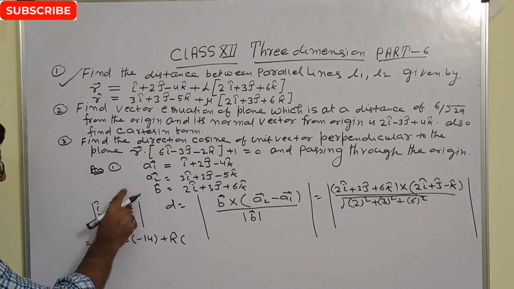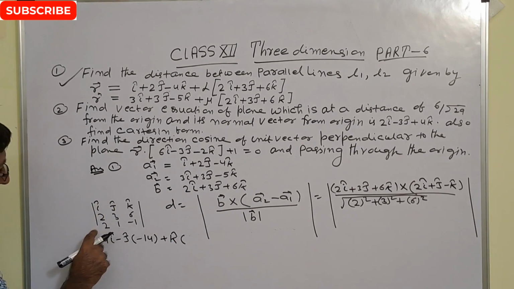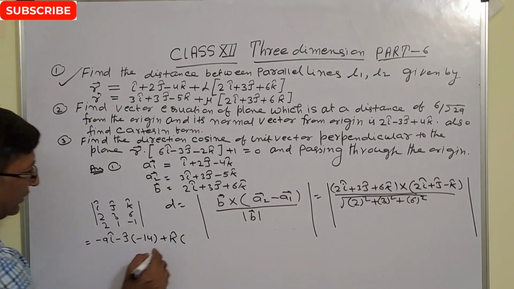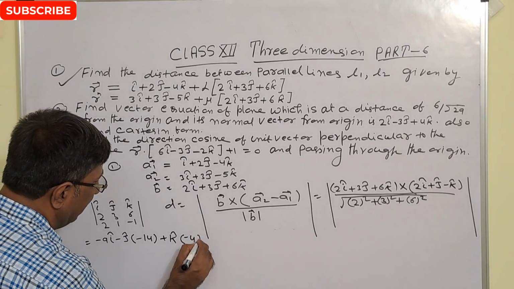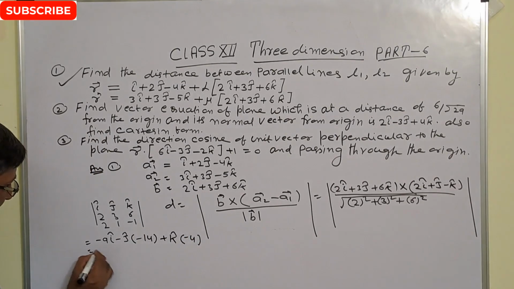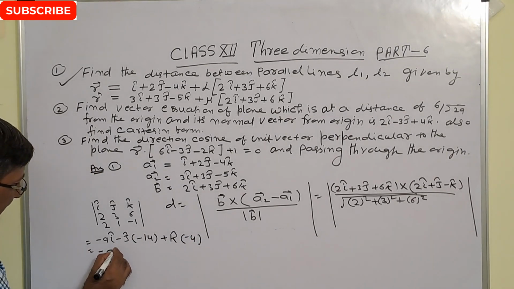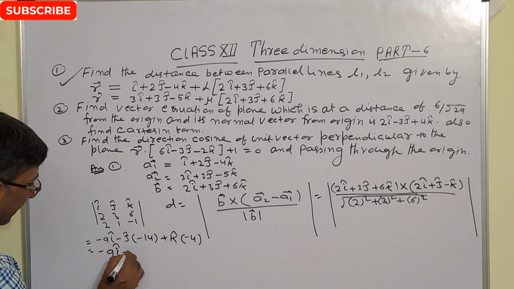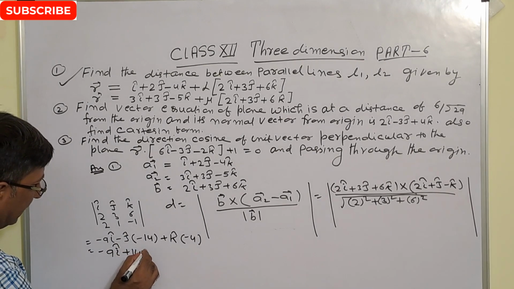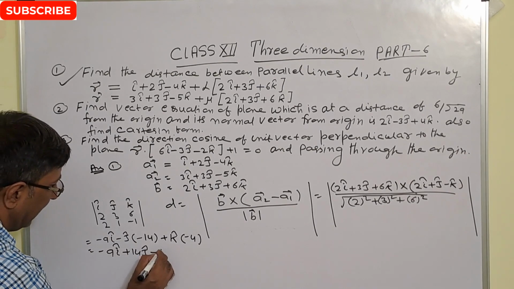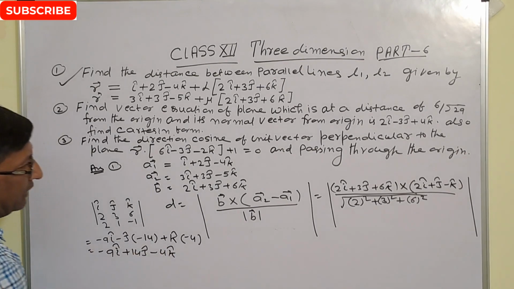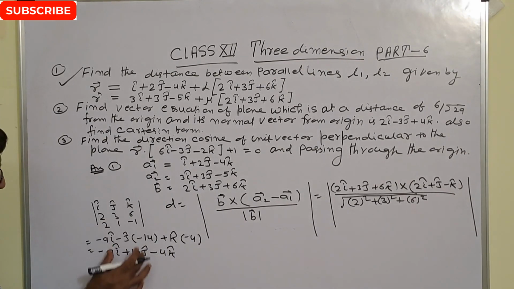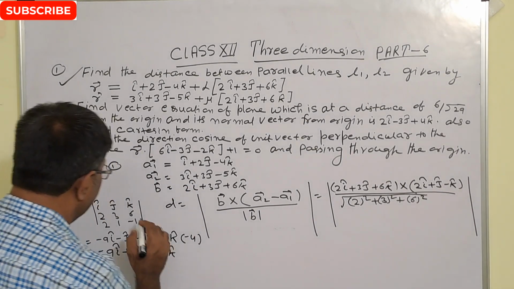Leave the first row and third column. So 2 minus 6. This is minus 4. So this is how much? Minus 4. So we can write minus 9 unit vector i plus 14 unit vector j minus 4 unit vector k. This is what? The cross product of these vectors. So now we can put it here. This is the rough work.